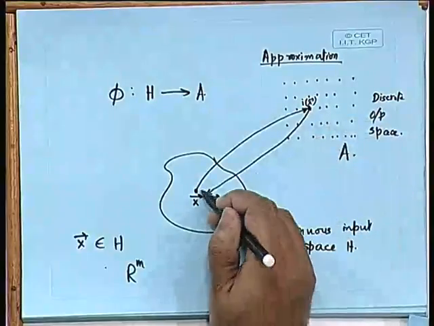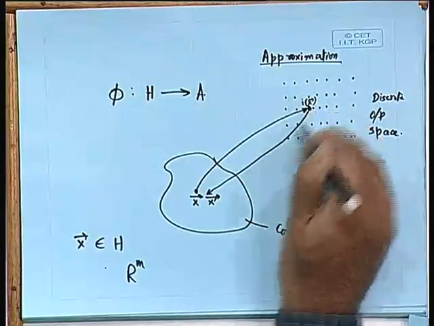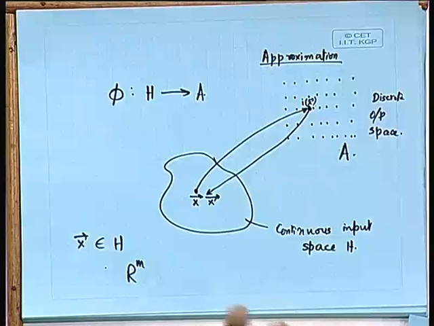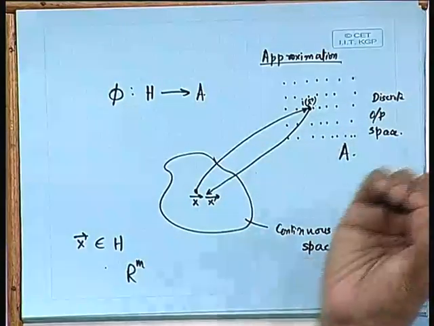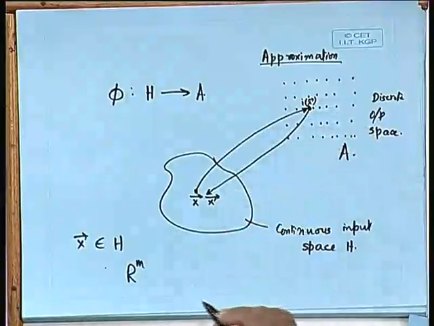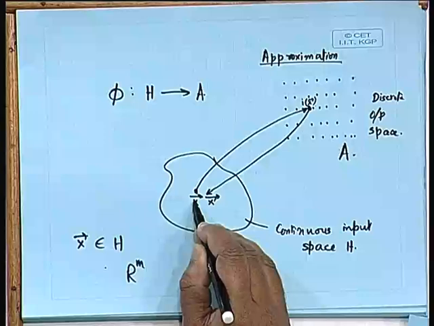In fact, this mapping from x vector to ix, and then the inverse mapping from ix to x vector, you can think of as follows: the x to ix mapping is a process of encoding. It is being encoded into the discrete output space, and the reverse mapping from ix to x prime vector is the process of decoding, and the x prime vector is the reconstructed vector for x.